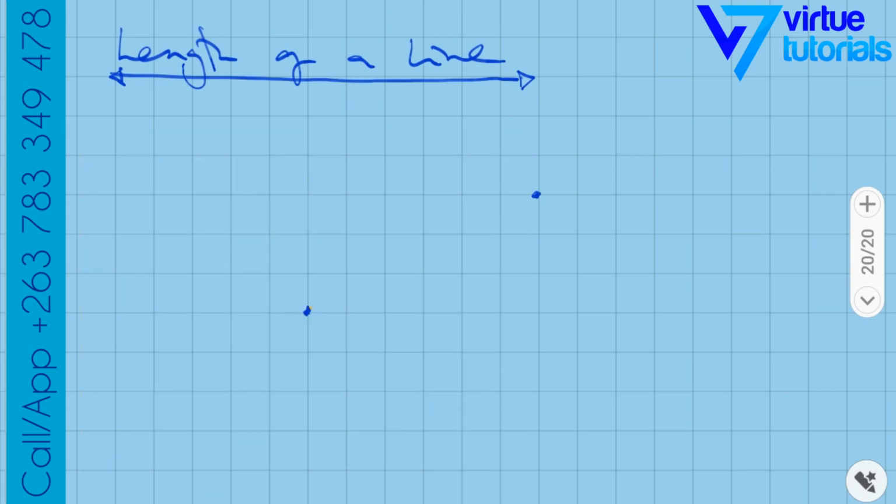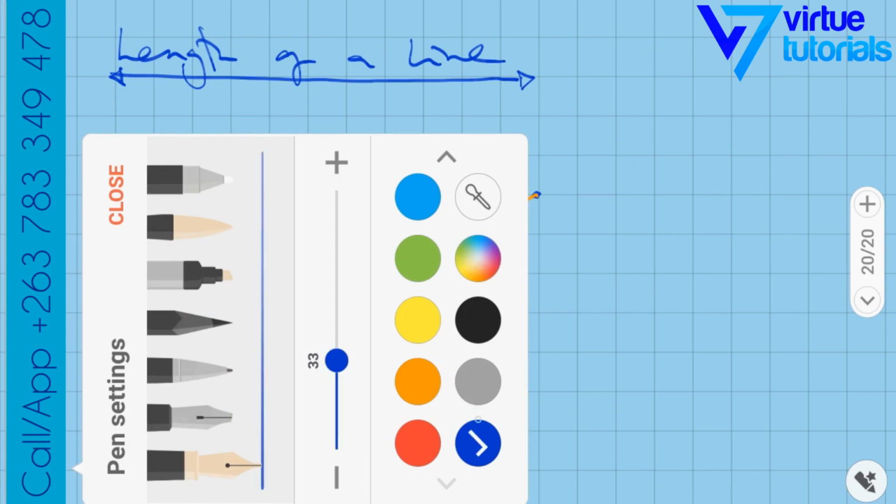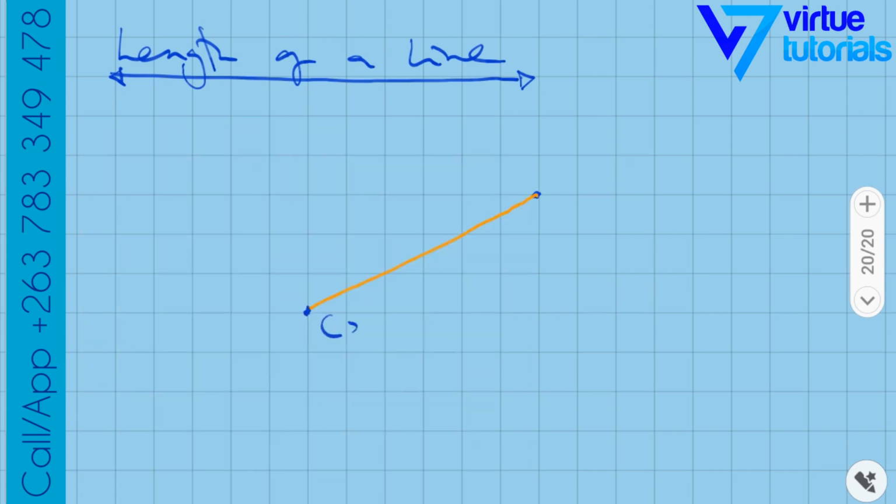Give it a different color there. And let's say the first point has the coordinates x1, y1, and then the second point is x2, y2. So we want to know how long that line is.